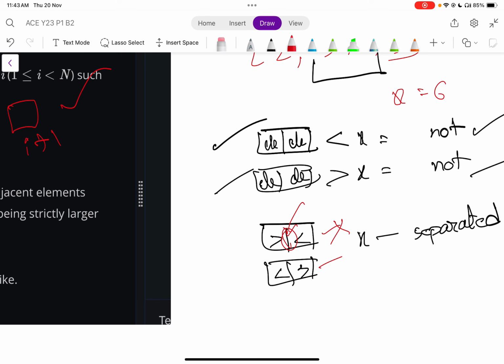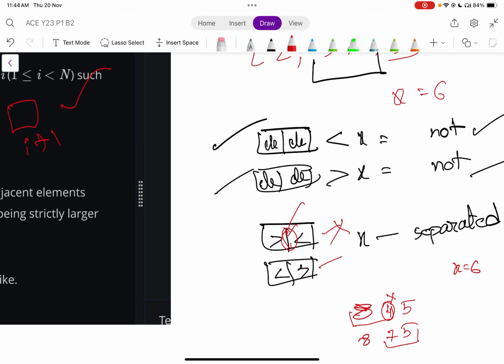So let's say you have 8 here and here you have 5 and x is still 6. If I try to keep an element lesser than this one, let's say it is 4, it still makes my x separated, right? So this will not work. If I try to keep a greater one, still this pair will make my x separated. So we can't keep a lesser element or a greater element.